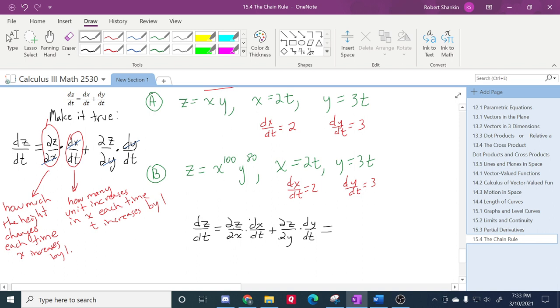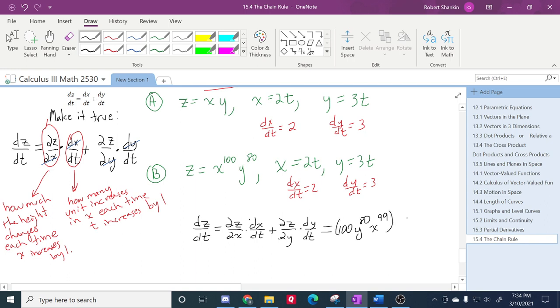When x increases by 1, now this is going to be 2 and this is going to be 3, but when x increases by 1, it sets off a huge change in z. How big of a change? Well, this becomes part of the constant. So it's going to be 100 y to the 80th, x to the 99th. And then that's the first part.